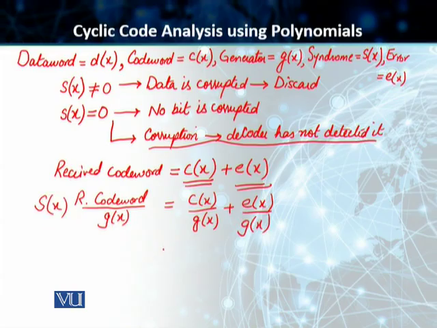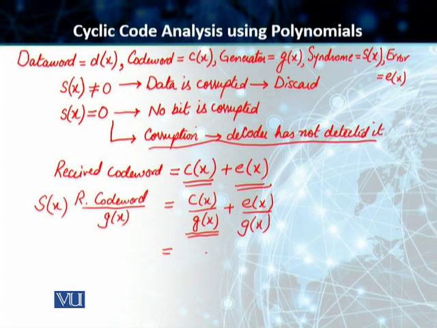Students, this essentially is our syndrome. Now students, गौर कीजिएगा कि in this case, the first term on the right hand side, which is this term, actually has got a remainder of 0. According to our definition, when the actual code word that is sent is divided by the generator function, we should get a 0.